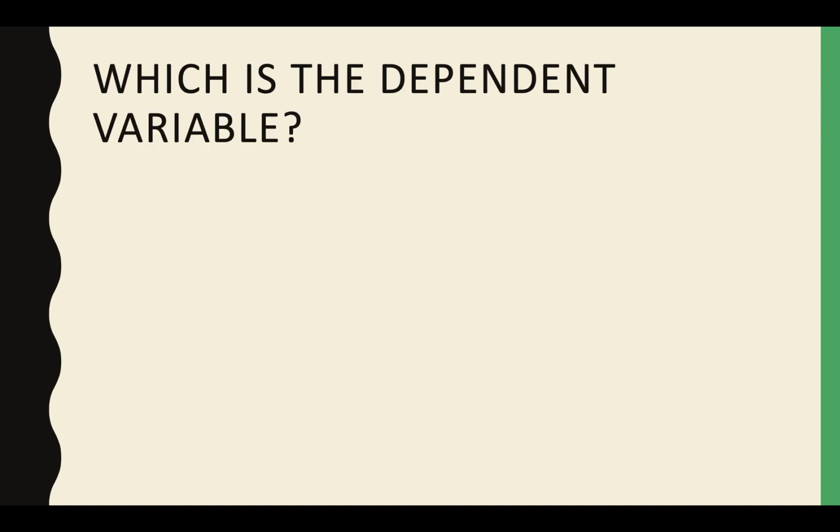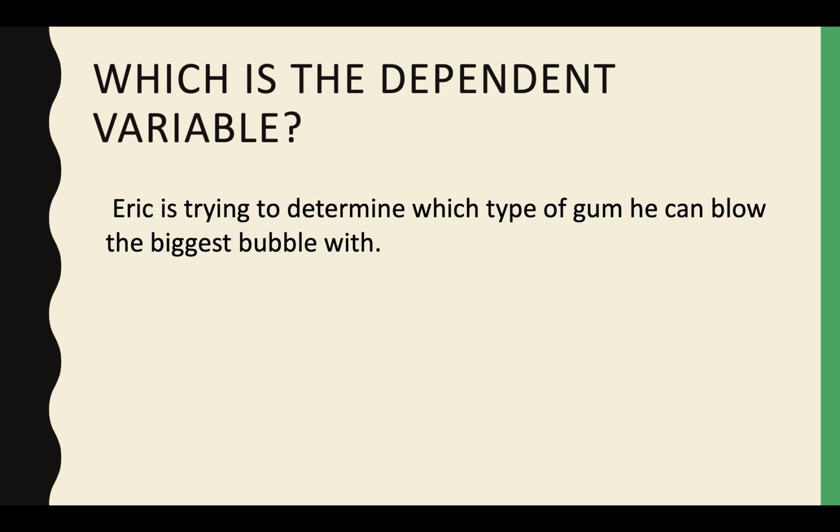Let's look at some examples and discuss the dependent variable. Eric is trying to determine which type of gum he can blow the biggest bubble with. Is 1, the different types of gum, or 2, the size of the bubble, the dependent variable? Ask yourself, what am I observing, or what am I measuring? Am I measuring the different types of gum, or am I measuring the size of the bubble?